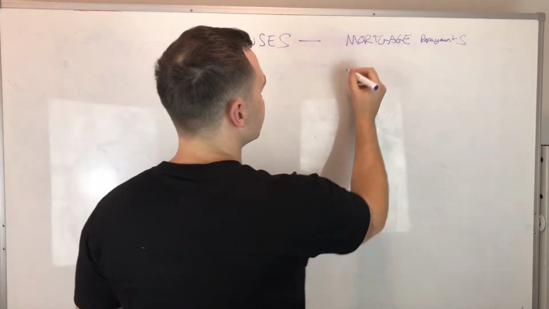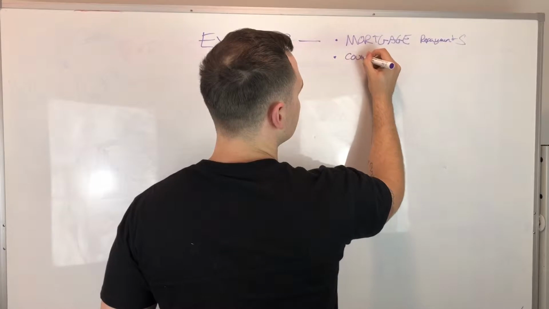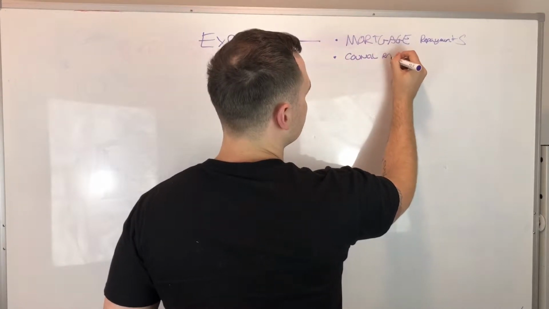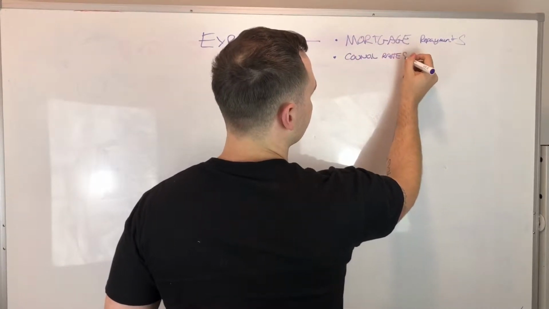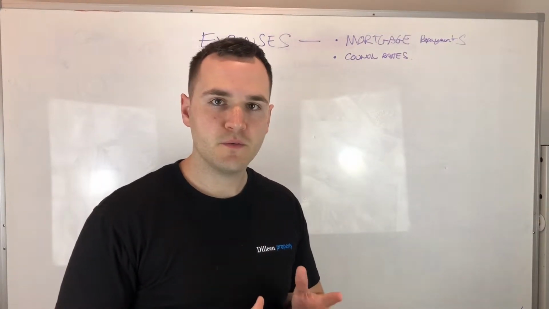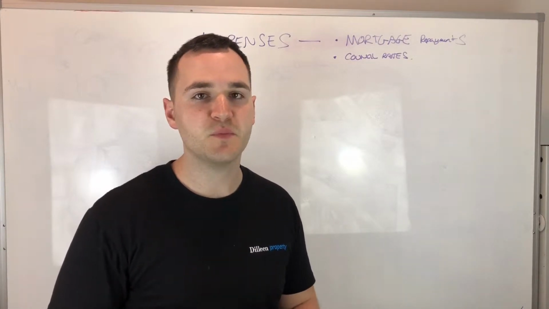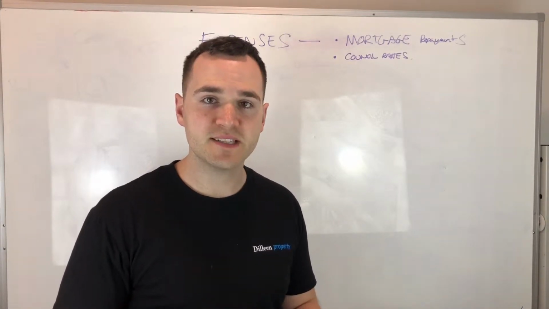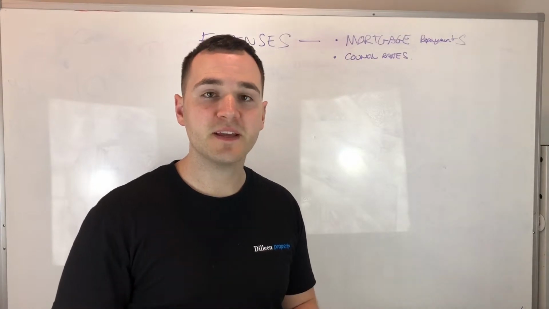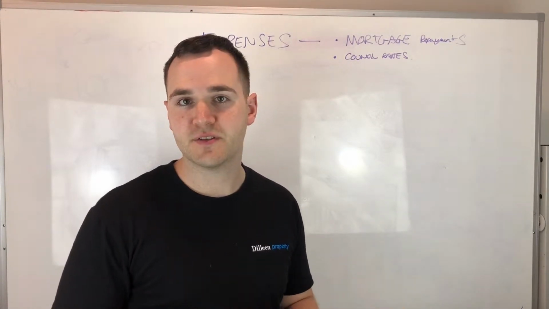Next one's council rates. Council rates, you're going to have to pay whenever you purchase a property. Every council is different within Australia, so if you purchase in different states you'll have different council rates, and some charge them differently as well.